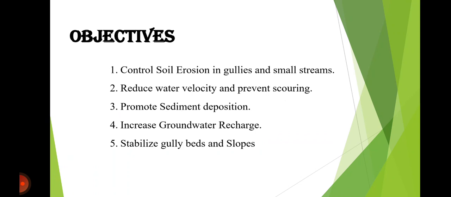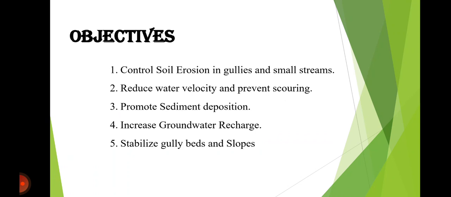The objectives are in simple points: to reduce the velocity of the runoff water, to control the gully and the soil erosion, to trap and retain the sediments carried by the runoff, to stabilize the gully bed and the banks, to increase the water infiltration into the soil, to conserve soil and moisture, to reduce the peak flow of the runoff, to improve the groundwater recharge, to prevent the further deepening and the widening of the gullies.